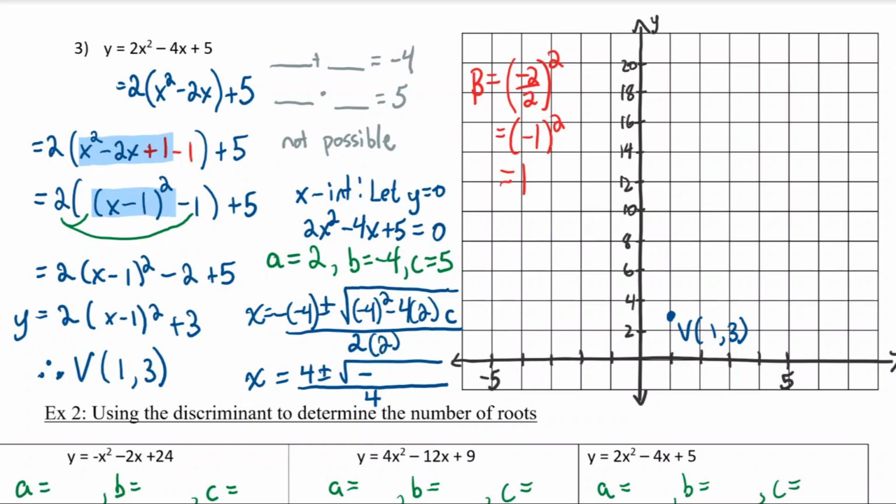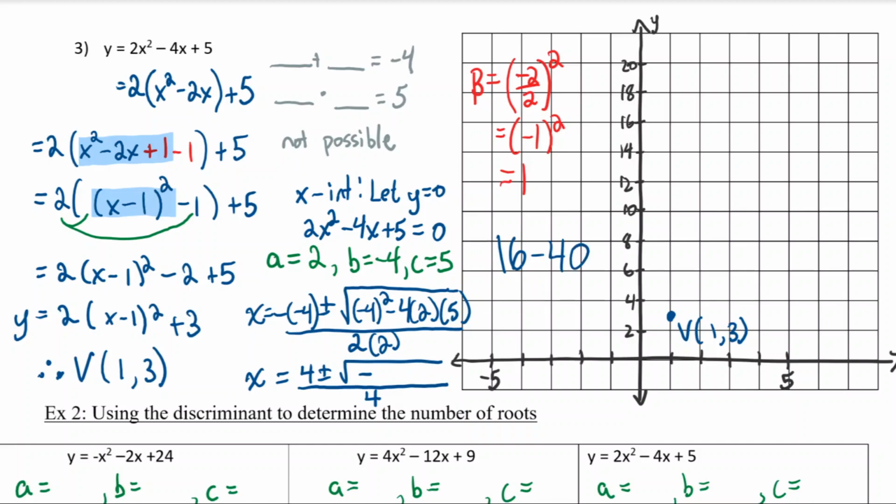And my c value is 5. Look here. Negative 4 squared gives me 16. And then I've got negative 4 times 2 times 5. 4 times 5 is 20 times 2, so we actually have minus 40 here.